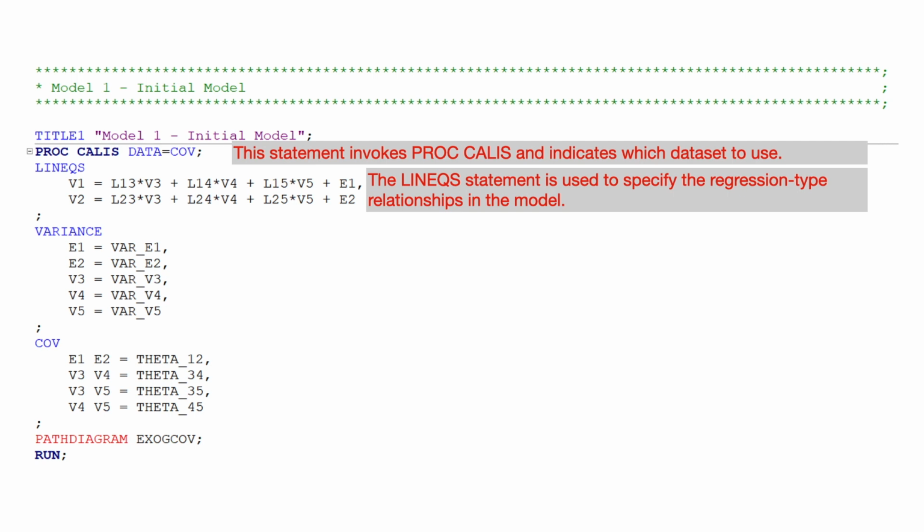And so we have V1 equal to L13 times V3 plus L14 times V4 plus L15 times V5 plus E1. We have a comma, and then we have the second equation comprising the system, V2 equal to L23 times V3 plus L24 times V4 plus L25 times V5 plus its error term, E2.